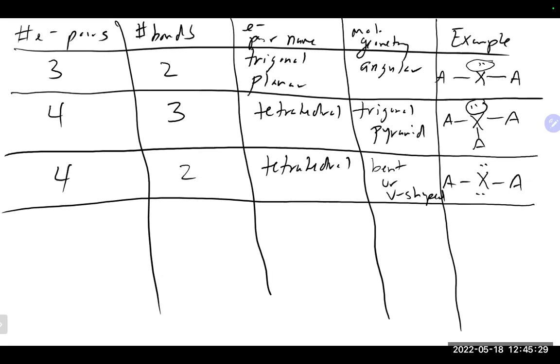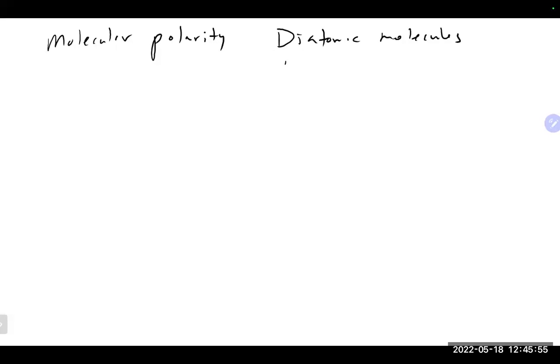So we finished up in this chapter talking about overall molecular polarity. And that is the entire molecule as a whole. And remember that the diatomic molecules are the easiest because they really only contain one bond, which means if you have something like HF, we've already established that this is a polar bond.